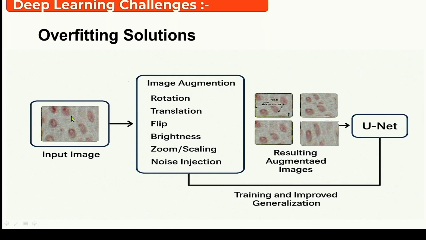The second problem is the overfitting. To enrich our dataset and to reduce overfitting, we apply image augmentation methods. We're using rotation, translation, flip, brightness, zoom, scaling, noise, many techniques, okay, to slightly vary the input image to make it different from the original.